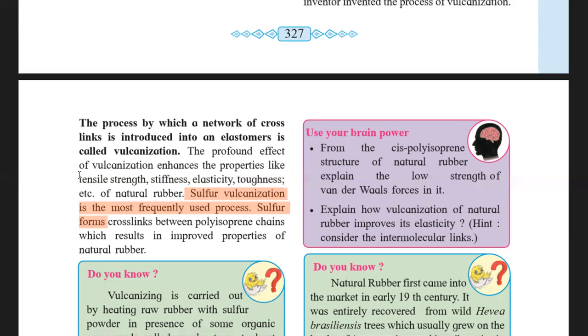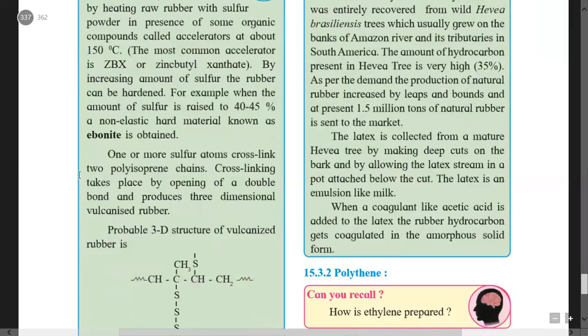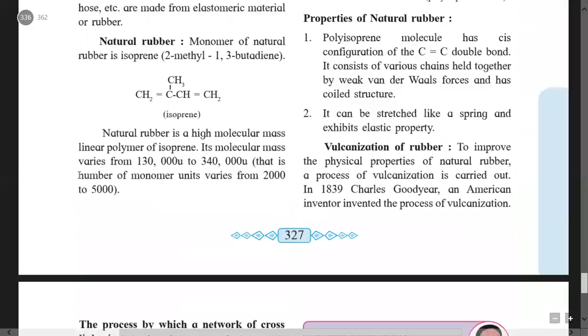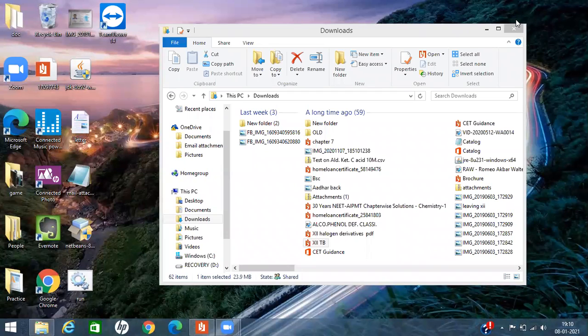Sulfur forms cross-links between polyisoprene chains, which results in the improved properties of natural rubber. So when sulfur is added to natural rubber and it is heated to a certain temperature, then we get rubber having improved properties, that is called vulcanization of rubber. So that is about the first type of polymer, that is, rubber. Thank you.